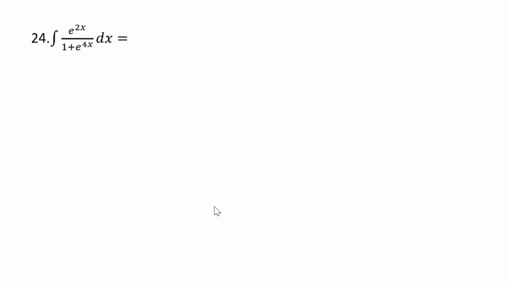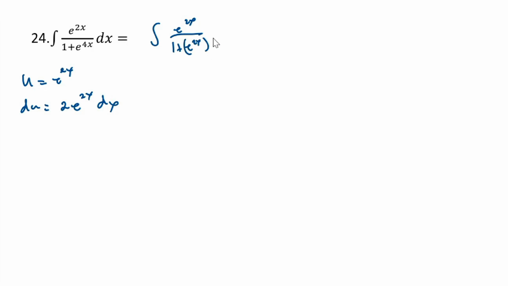For number 24, we have e raised to 2x over 1 plus e raised to 4x. So let u here be equal to e raised to 2x, and du is equal to 2e raised to 2x dx. So rewriting the given first as e raised to 2x over 1 plus e raised to 2x to the power of 2 dx, because the power to power rule gives us the exponent of 4x for the e.